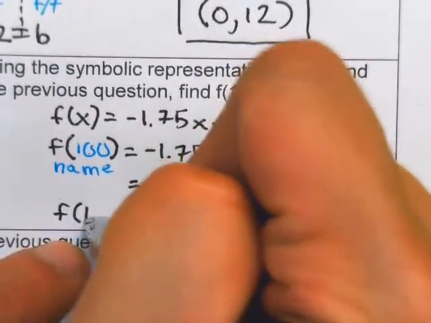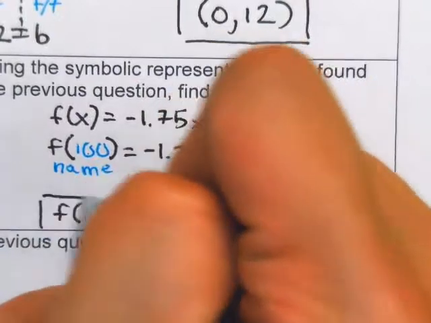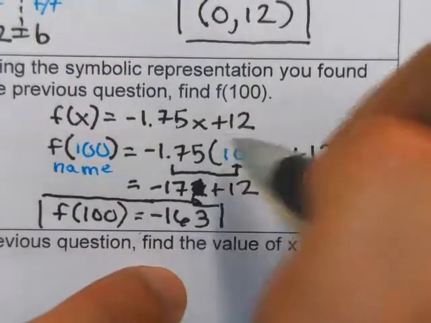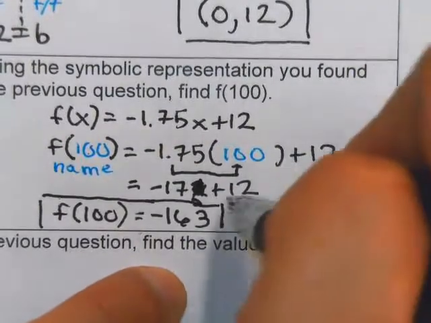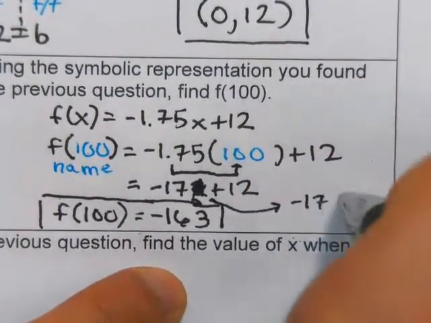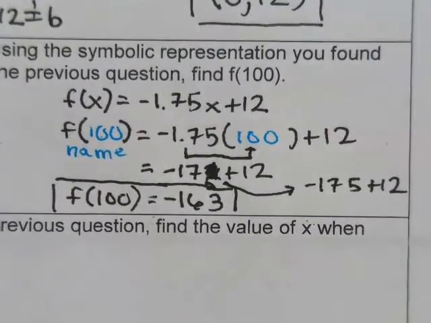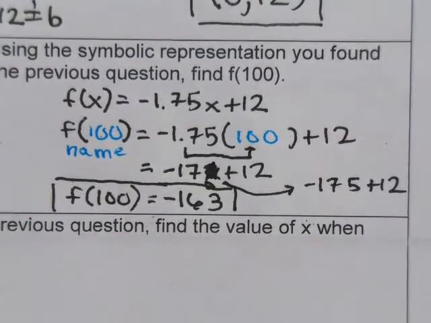Okay. f of 100 is equal to negative 163. Again, also nothing new. We have done this type of work before, especially on our earlier days of quarter 1.